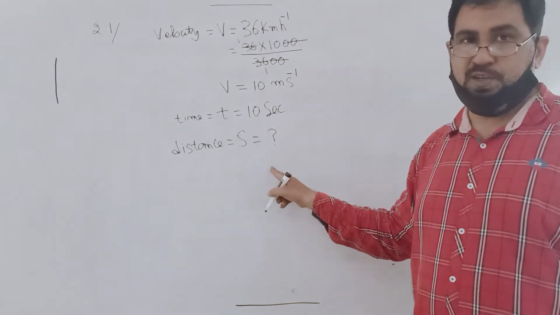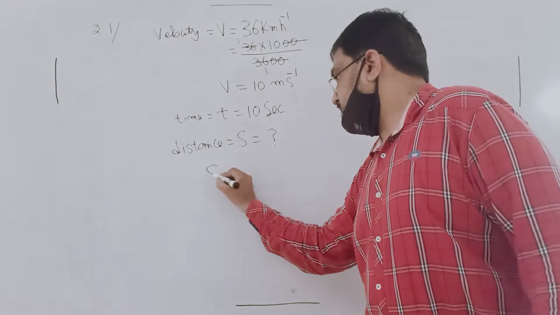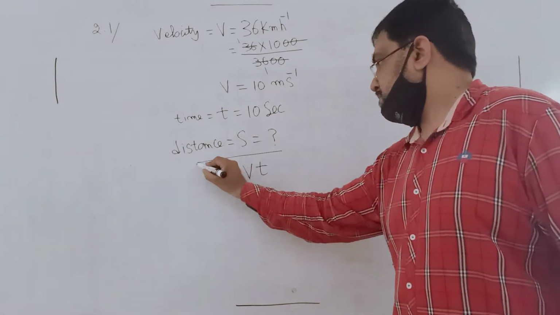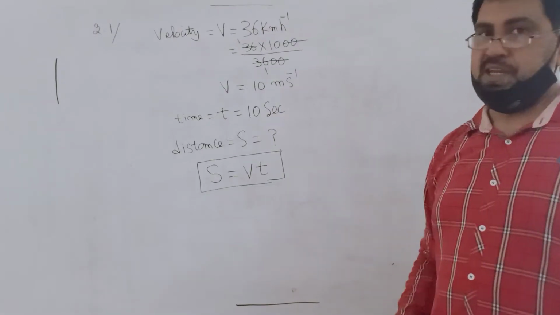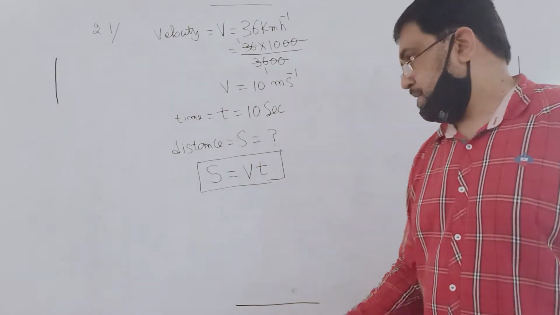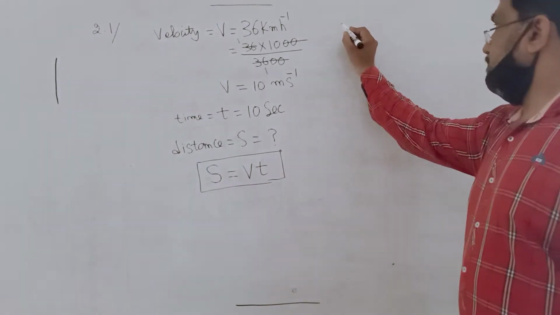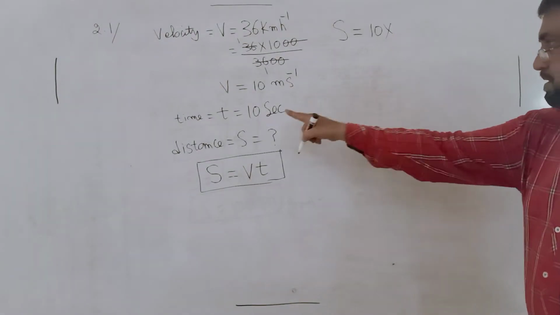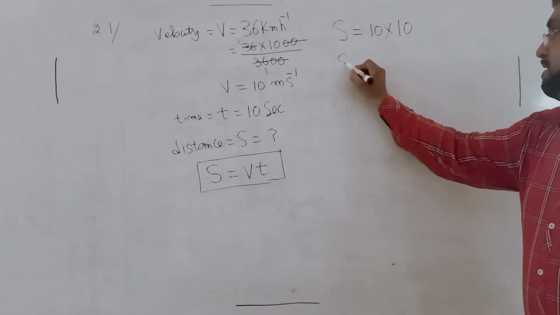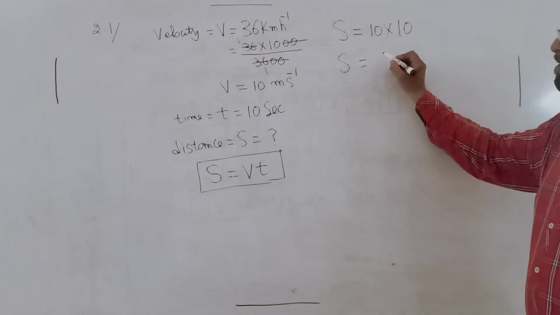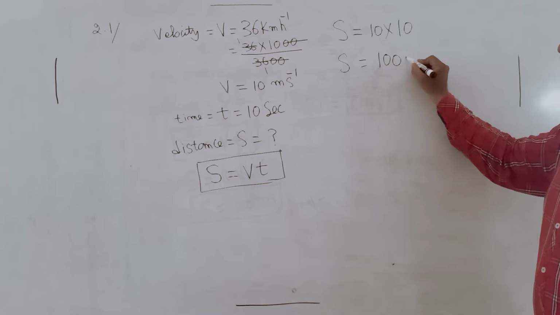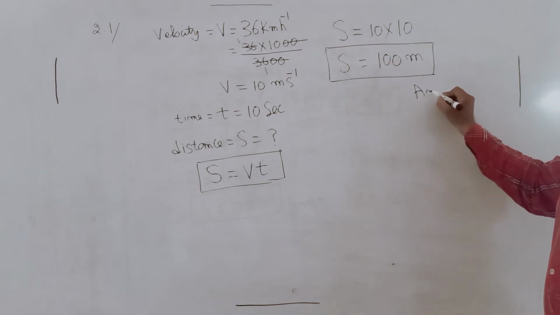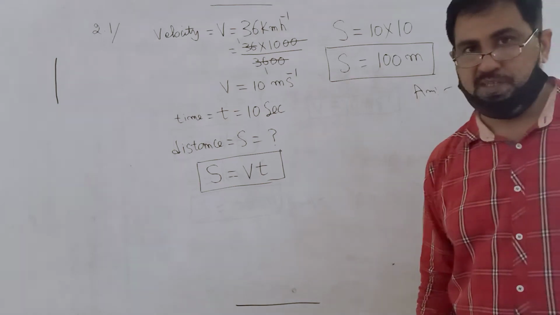Now we will use formula. S is equal to Vt. Putting values of V and T, S is equal to V 10, T 10. 10 multiplied with 10, answer will be 100 meter. Answer.